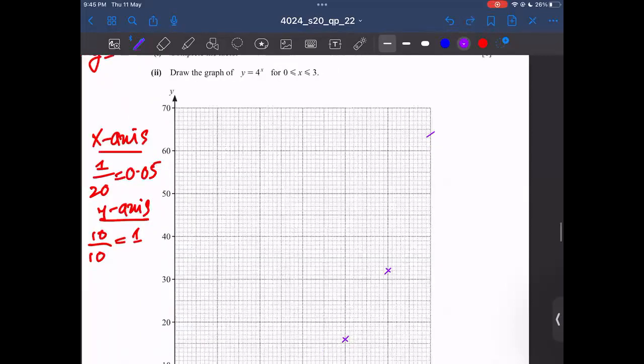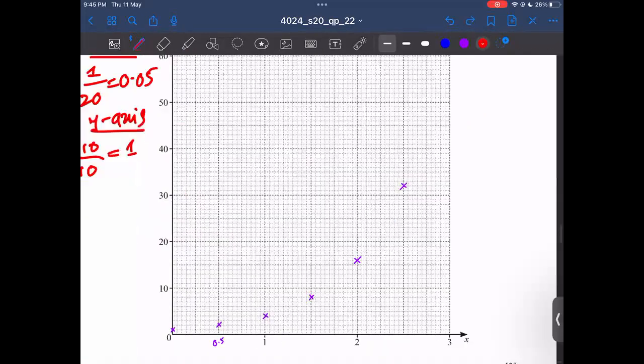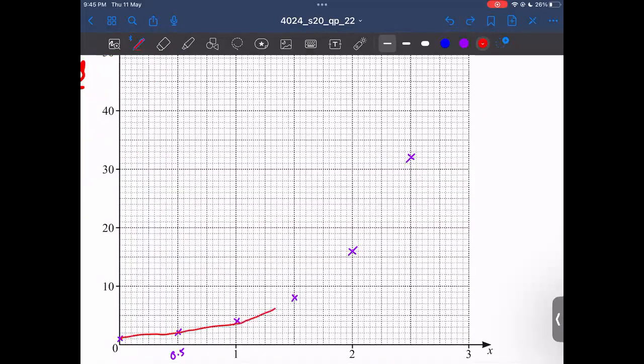You know the structure of the exponential graph. The exponential graph with a positive power is going to be like this, right? I'm just going to draw this. I have the software, so I can easily move with the values.